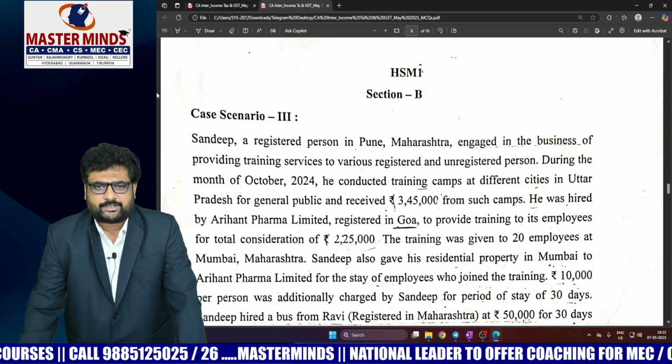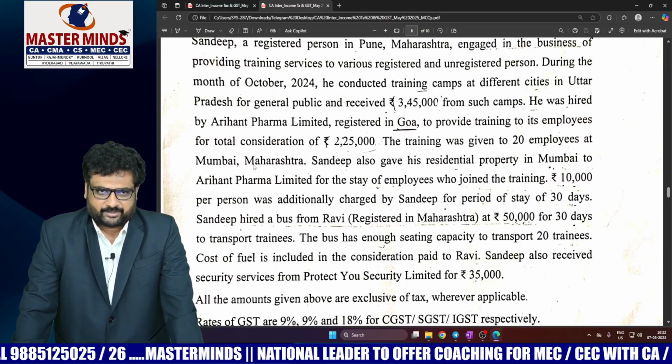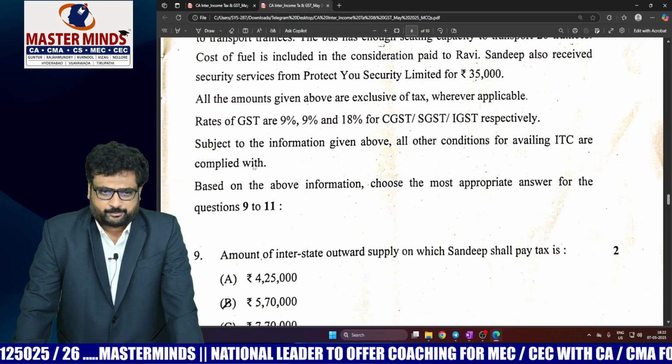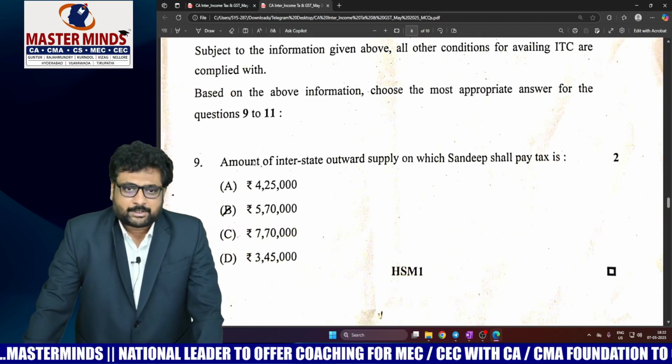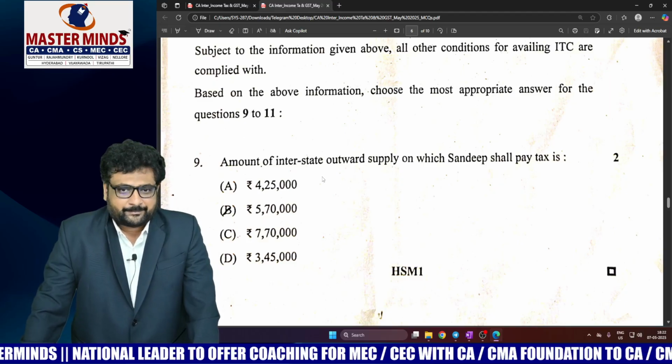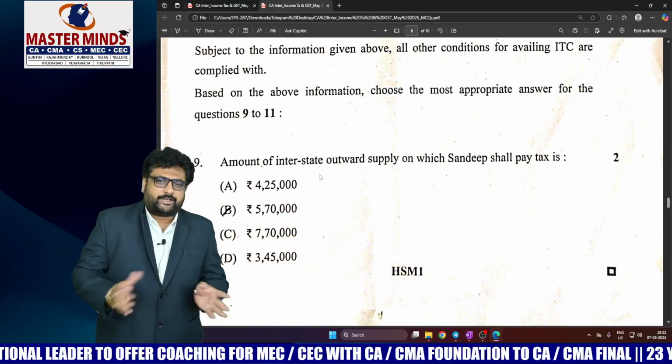Let's first start with the MCQs, the case scenario based overview given. The questions here are based on place of supply. That means we need to see whether it is intrastate or interstate.